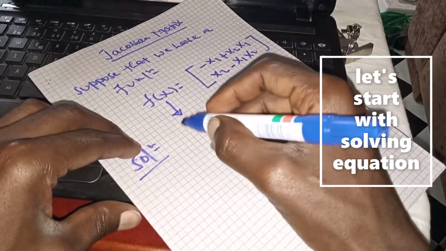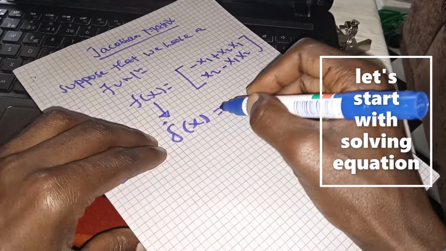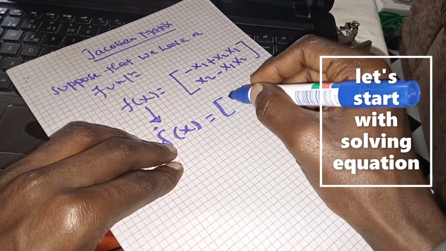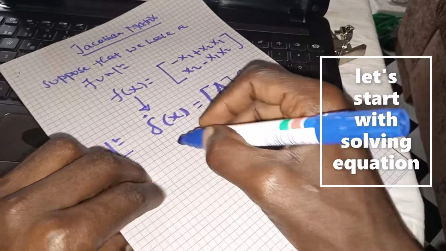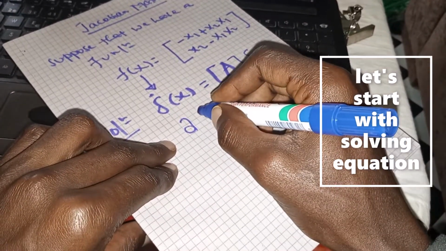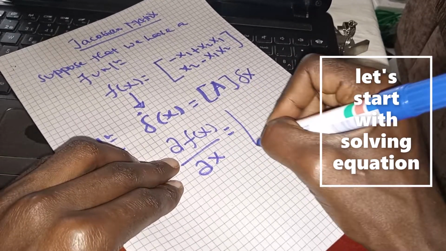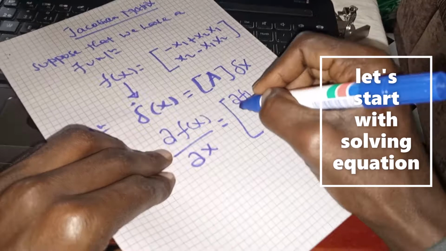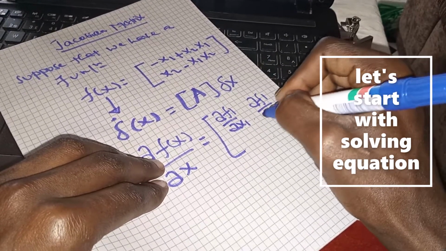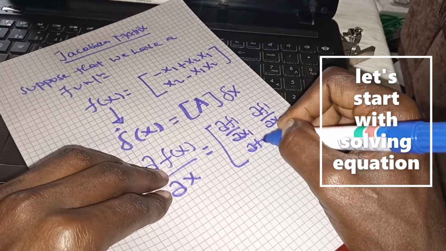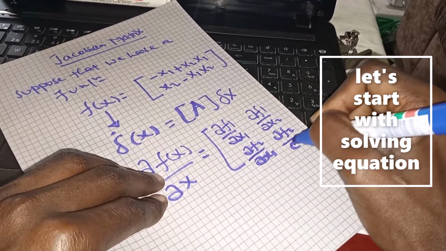If the function is given, the Jacobian matrix is in delta dot of x, which is equivalent to the A matrix multiplied by delta x. In another sense, the Jacobian matrix, the partial of f of x over the partial of x, is equivalent to: we have partial of f1 over partial of x1, again partial of f1 over partial of x2, again partial of f2 over partial of x1, and partial of f2 over partial of x2.